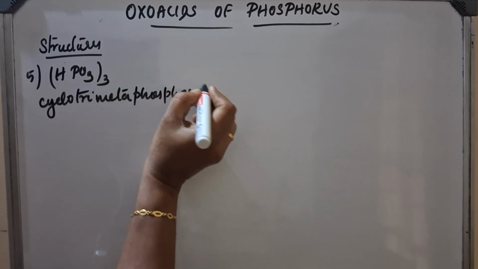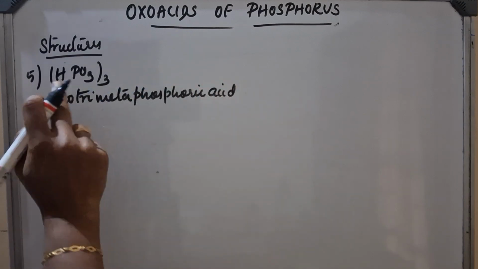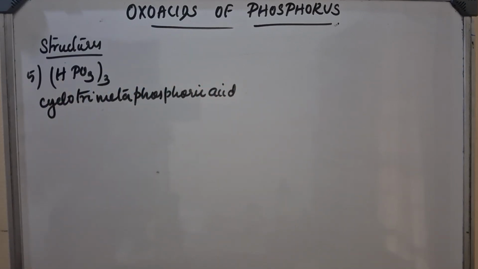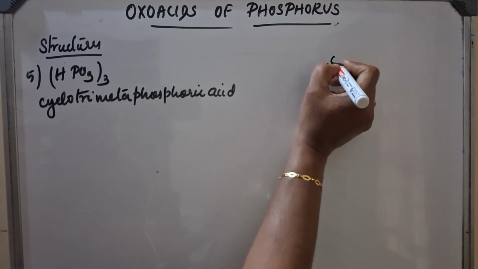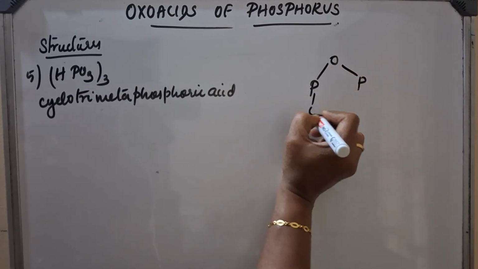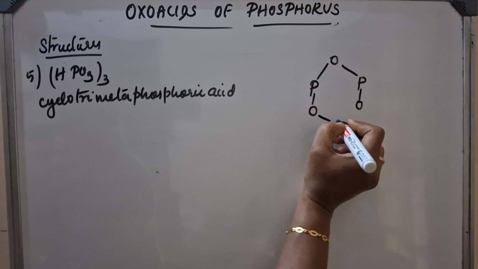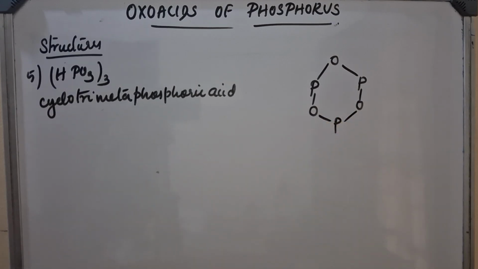Trimetaphosphoric acid. Okay. Cyclotrimetaphosphoric acid. And the formula will be like this. Now, the P-O-P bond is there.